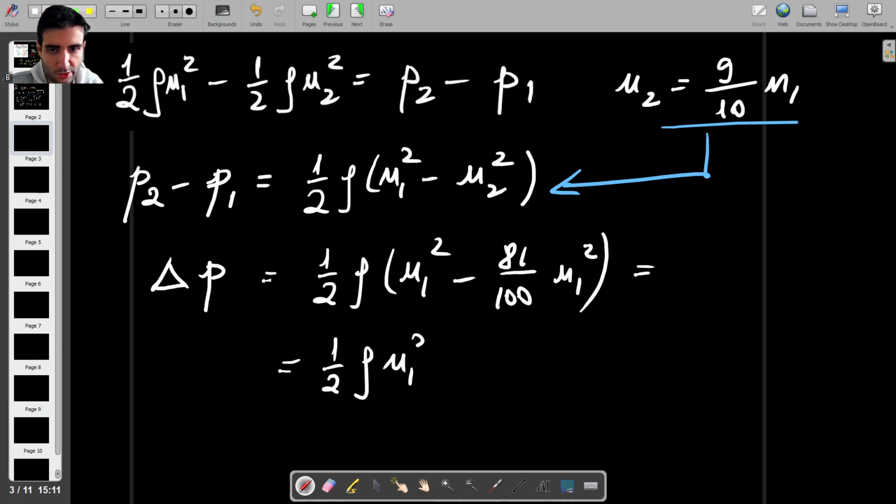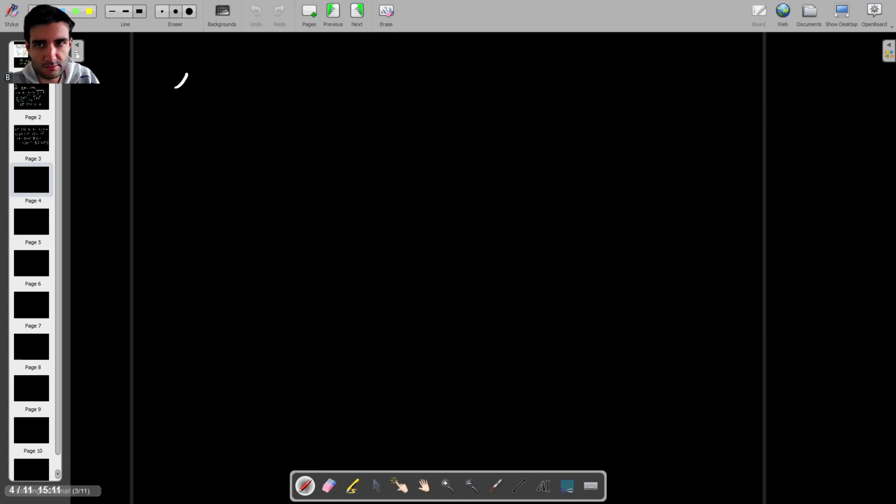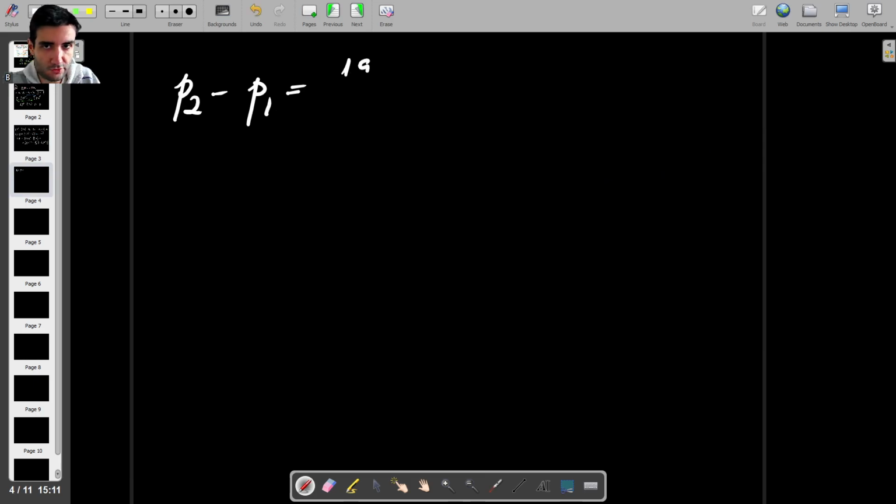We can take the U1 squared out, and this is going to be 1 minus 81 over 100, which is 1 half rho U1 squared. Okay, so 100 minus 81, that should be 19 over 100. So the delta P, or P2 minus P1, is going to be 19 over 200 rho U1 squared. So there you go.